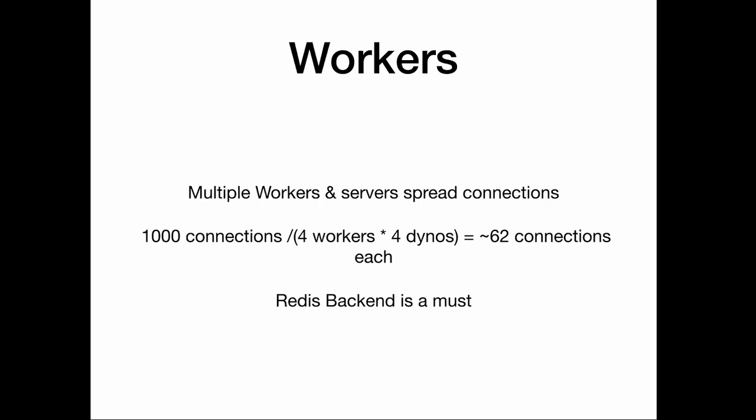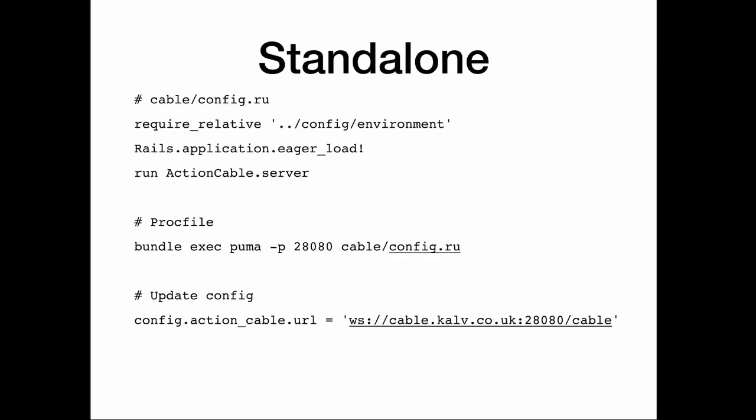You can run your ActionCable server in standalone. Probably worth mentioning that everything I described up to this point, you can just run directly within your Rails app. ActionCable is exposed as /cable on your app.